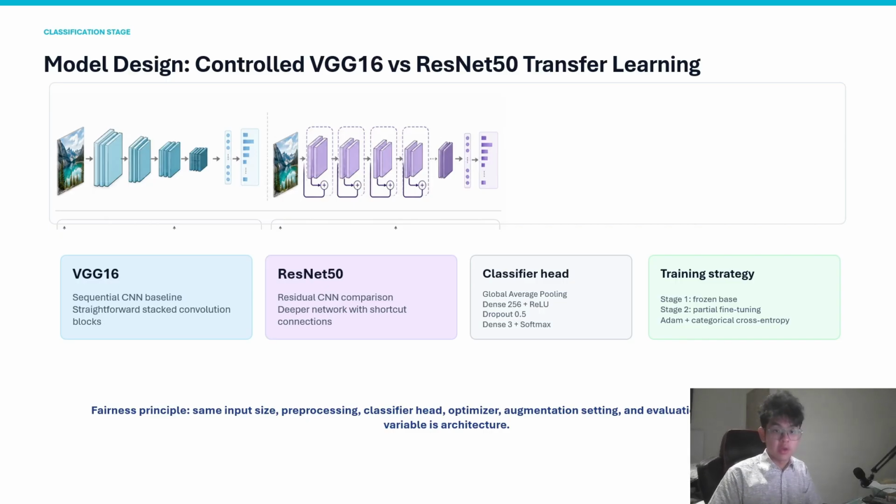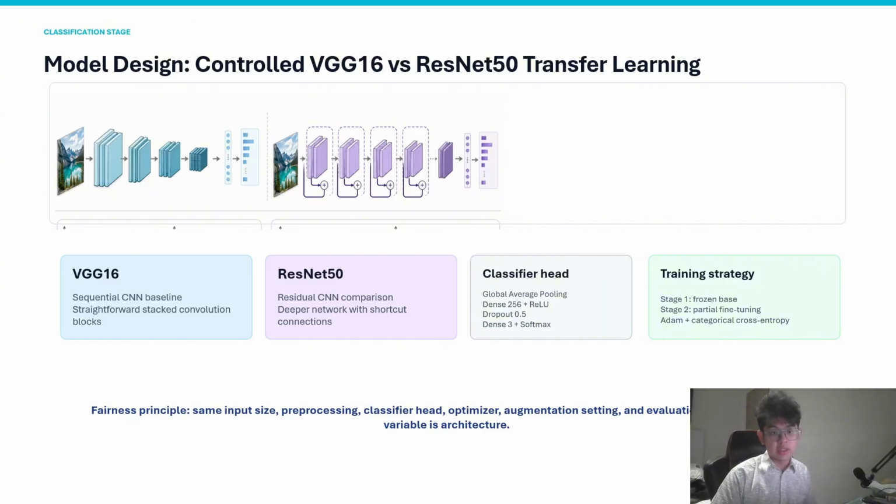To make the comparison fair, both models will use the same classifier head. The original classification layer is removed and replaced with global average pooling, a dense layer with 256 neurons and ReLU activation, dropout with a rate of 0.5, and a final dense layer with 3 neurons and softmax activation. The training strategy consists of two stages.